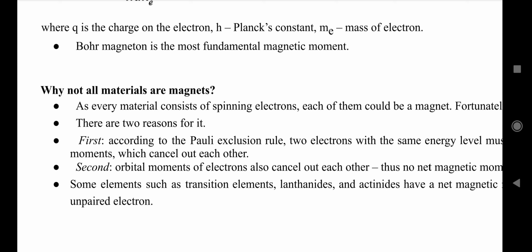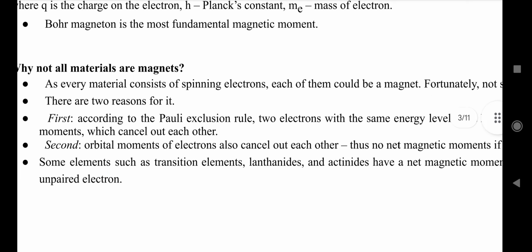So if every electron, or every material, has a magnetic moment, then it should definitely act as a magnet. But no, it is not the case. So what is the reason for a material to become a magnet or not have a magnetic property?